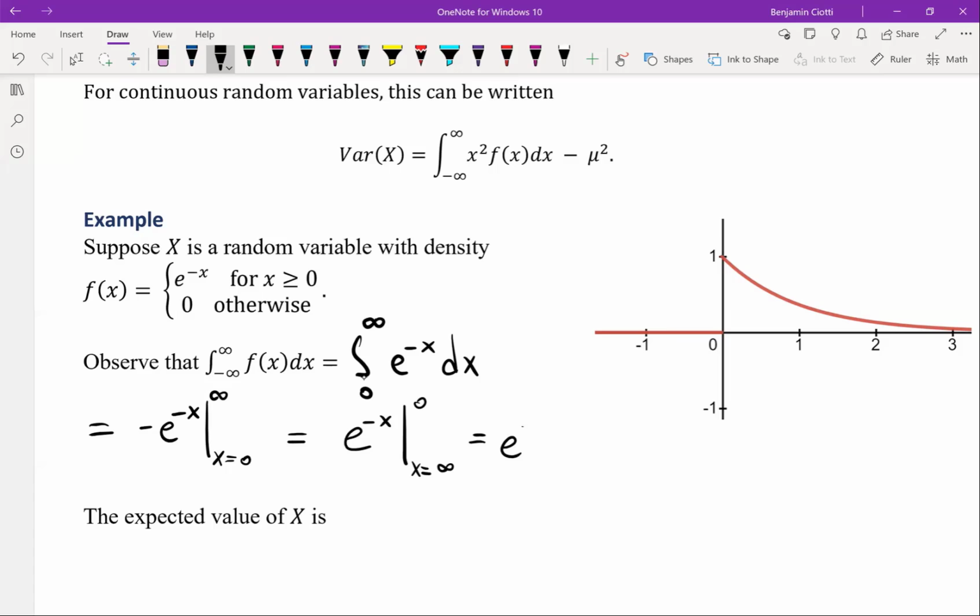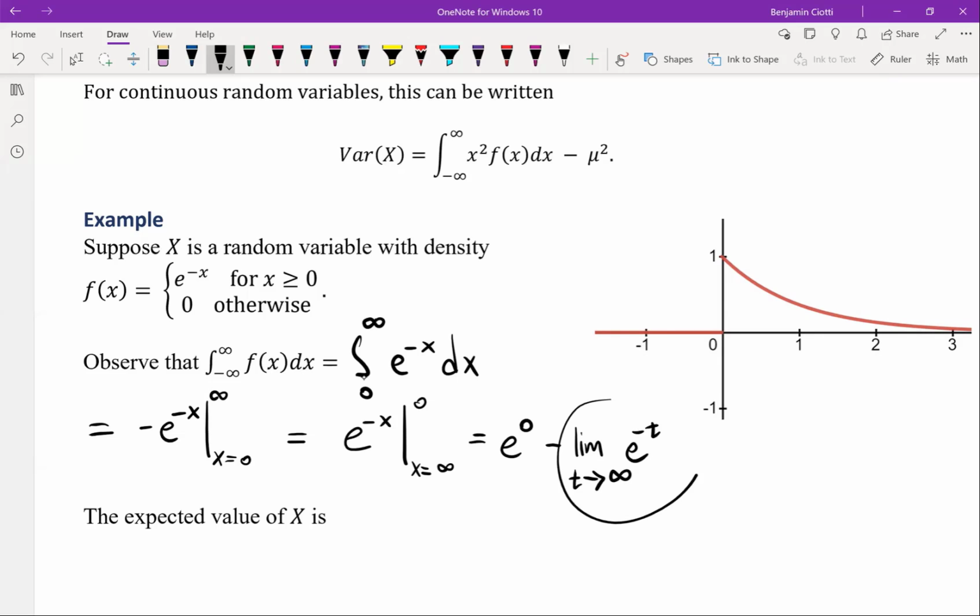So I'm going to get e to the 0 minus, okay. Now, the part about evaluating the function at infinity technically should be written as a limit. So I'll write that as the limit as, let's say, t goes to infinity of e to the negative t.